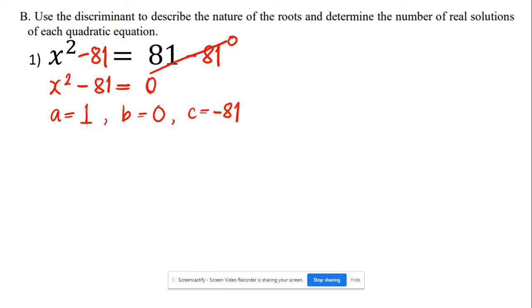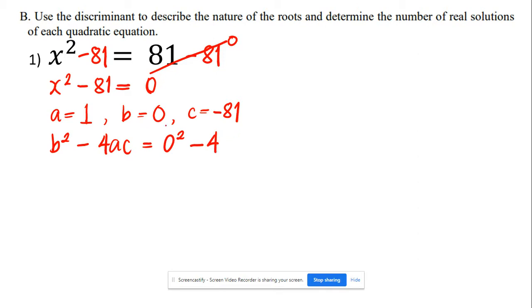The third step is to substitute these values into the discriminant formula, which is b squared minus 4ac. B is equal to 0, so b squared is equal to 0 squared. Copy minus sign and 4.